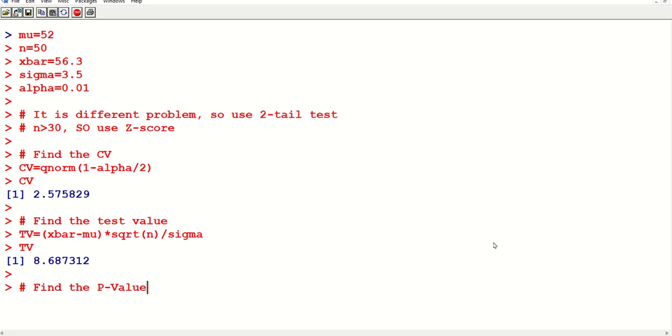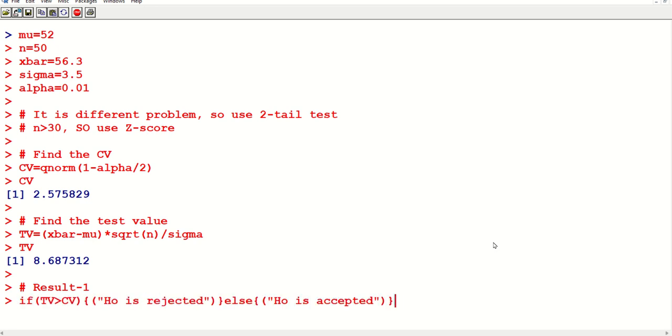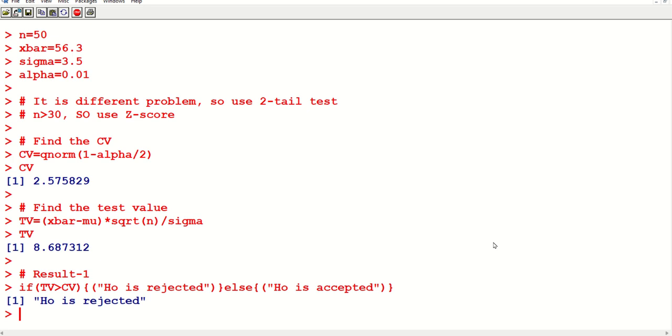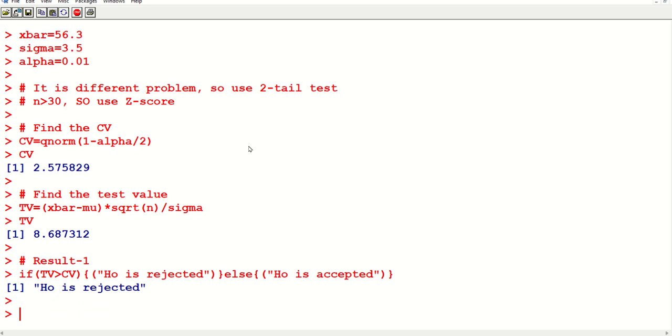In method number one, we calculate the test value and the critical value. If test value is greater than the critical value, you get the result. Here, test value is more compared to the critical value, so the null hypothesis is rejected. This is the output.